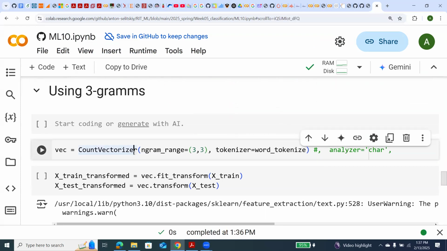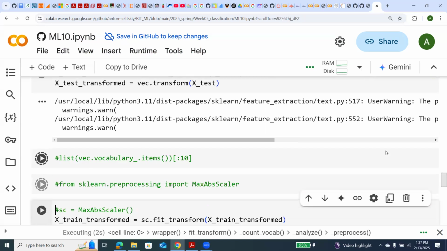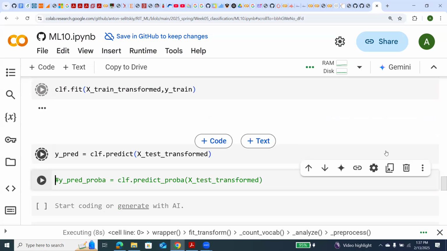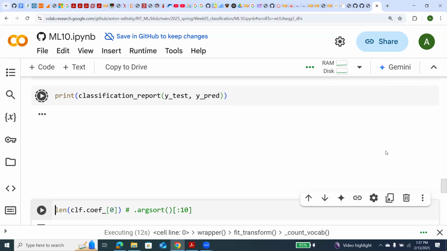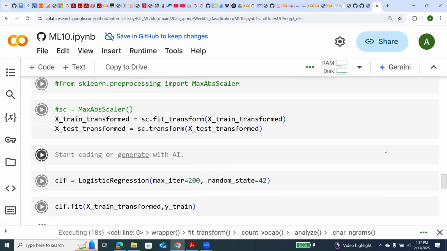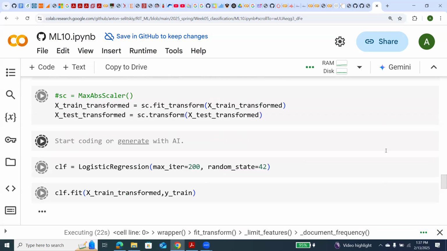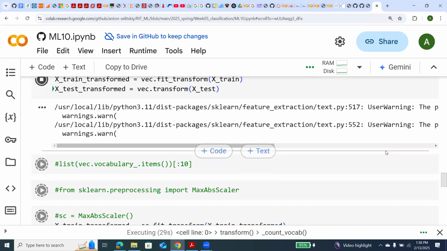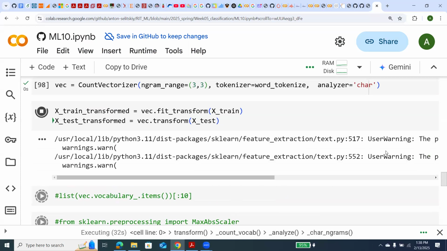So I keep only 3 grams, and on characters. Yeah, it's run.